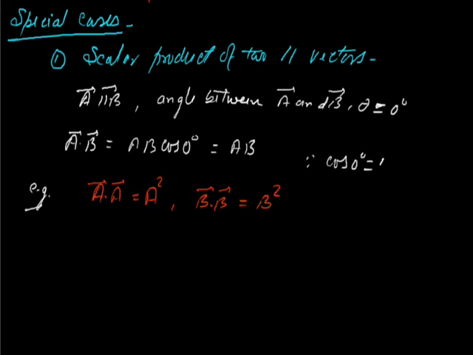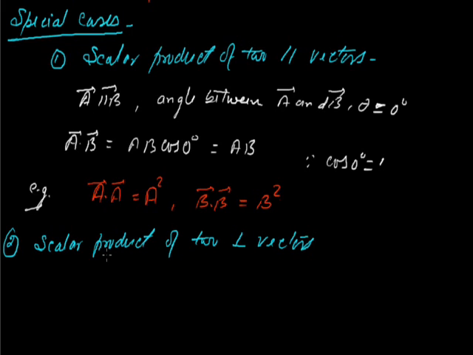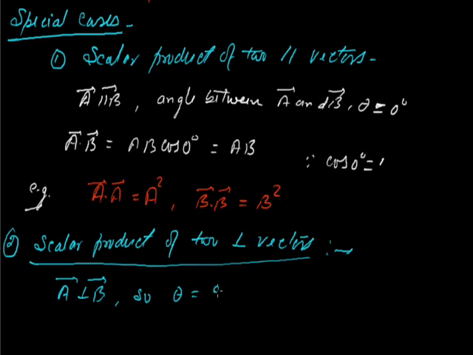Now the second case, scalar product of two perpendicular vectors. Suppose A is perpendicular to B, then the angle between them, that's theta, will be 90 degree.